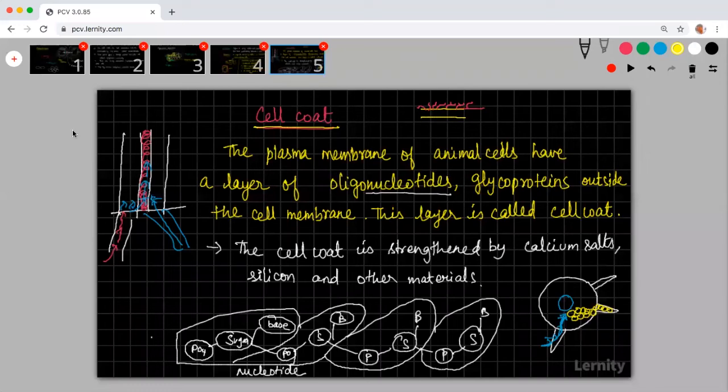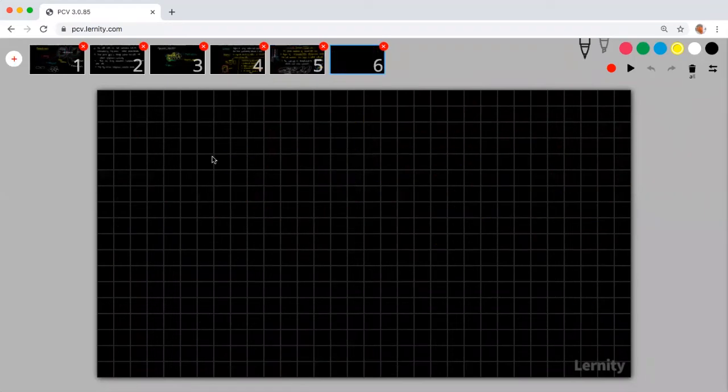Are we able to understand what is cell coat? Cell coat is present only in animal cells. Okay, now moving on further. Functions of cell coat.